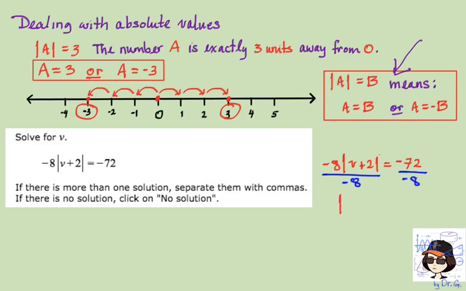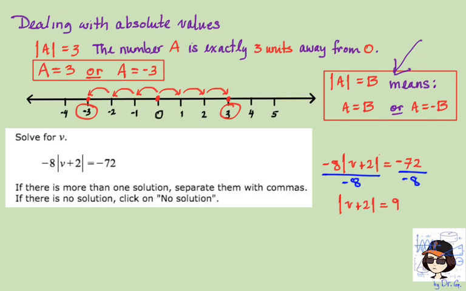On the left, I'm just left with the absolute value of v plus 2. On the right, I get +9. Great. I have an absolute value of a real number equal to a positive real number. That's exactly what we need. So now to use that concept that's up in the box, what does this mean?